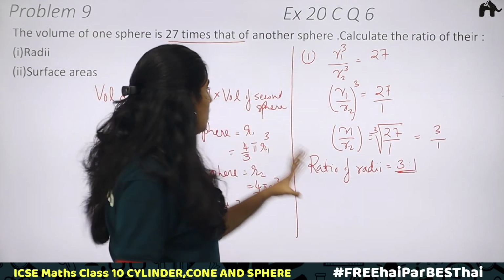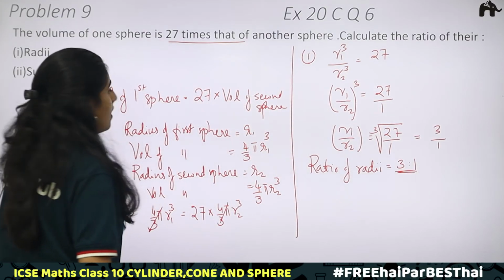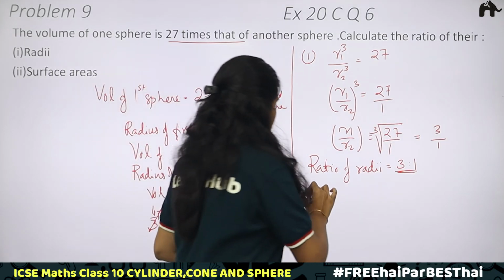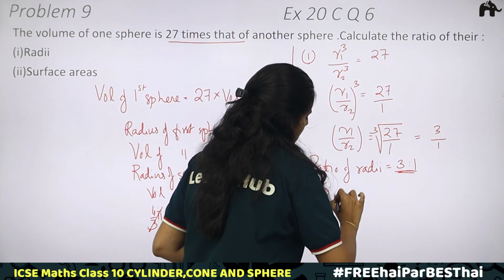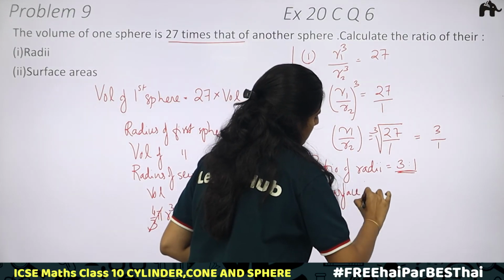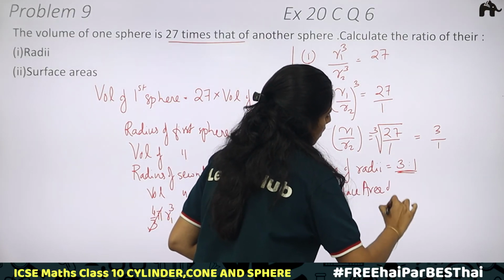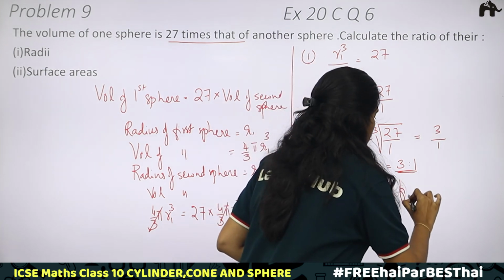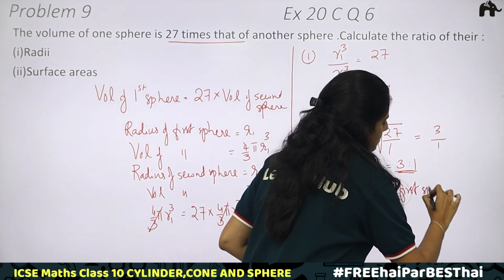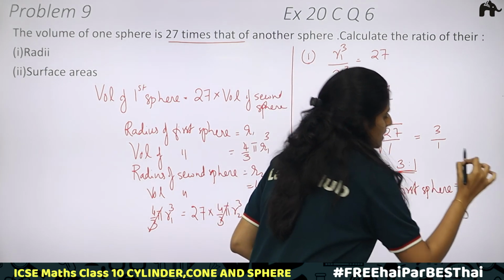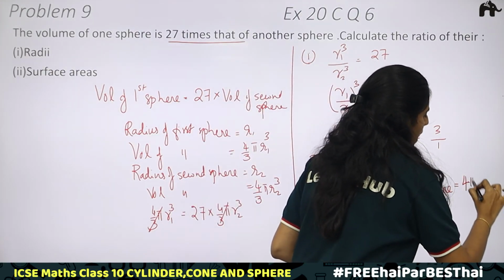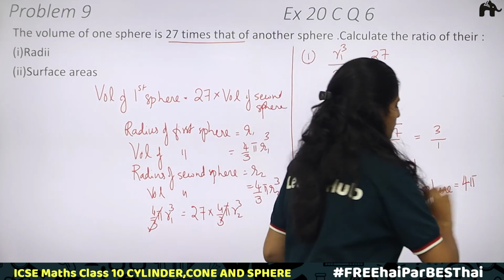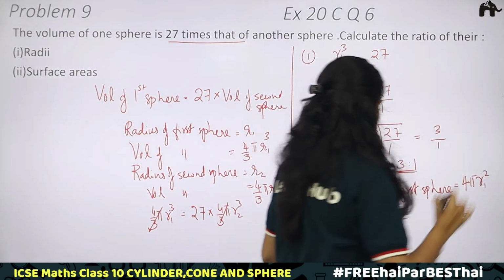Now we need to find the ratio of surface areas. So to find the second part, we'll take surface area of first sphere. What is the formula to find surface area? 4 pi r square. Here for first sphere it is r1 square.